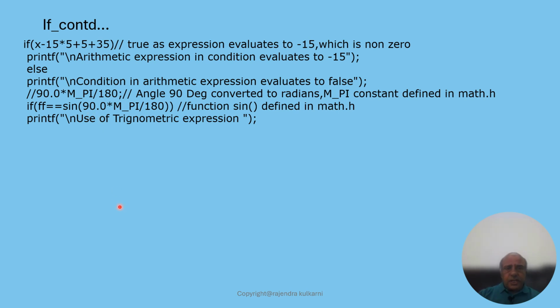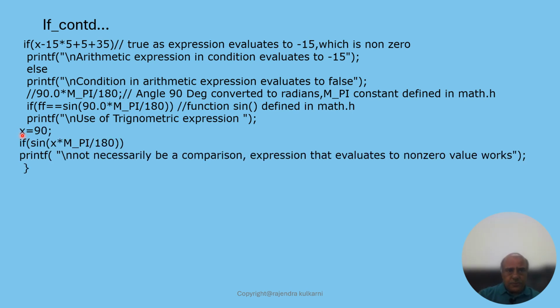Since sine of 90 is equal to 1 and ff is also 1, ff is equal to 1 will evaluate to true, and printf "use of trigonometric expression" will be the output of this if statement.